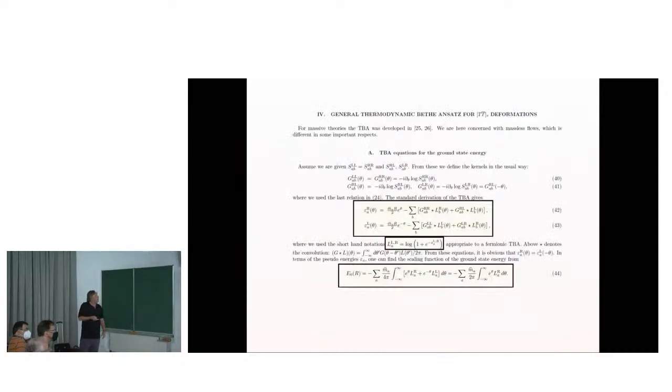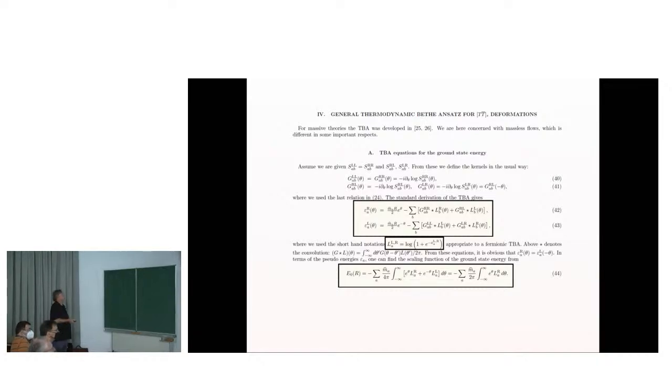Since the equations are getting longer, I'll stop writing. The TBA equations are quite well known, so this is not new. You have these so-called pseudo-energies, and they satisfy an integral equation. These big L's are log of 1 plus e to the minus epsilon, with a left and a right one.